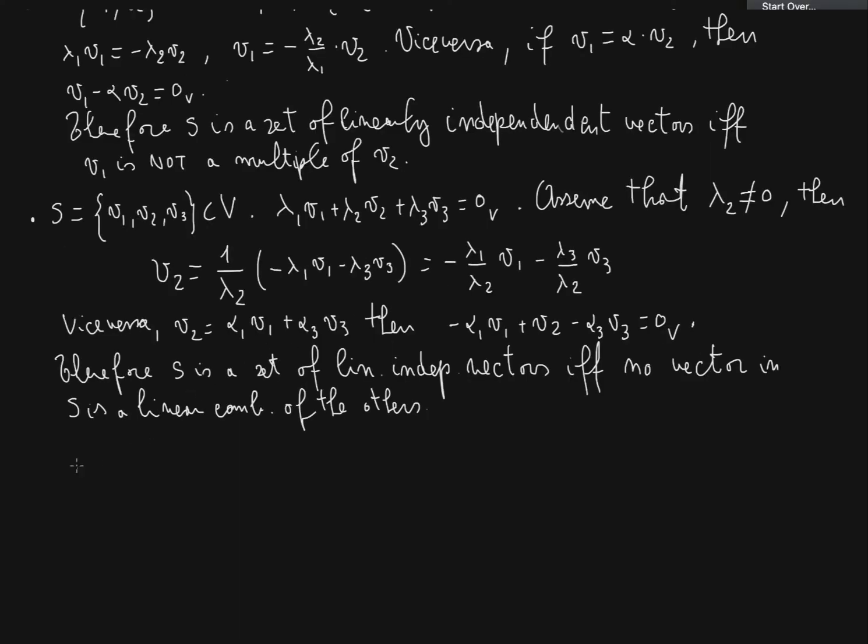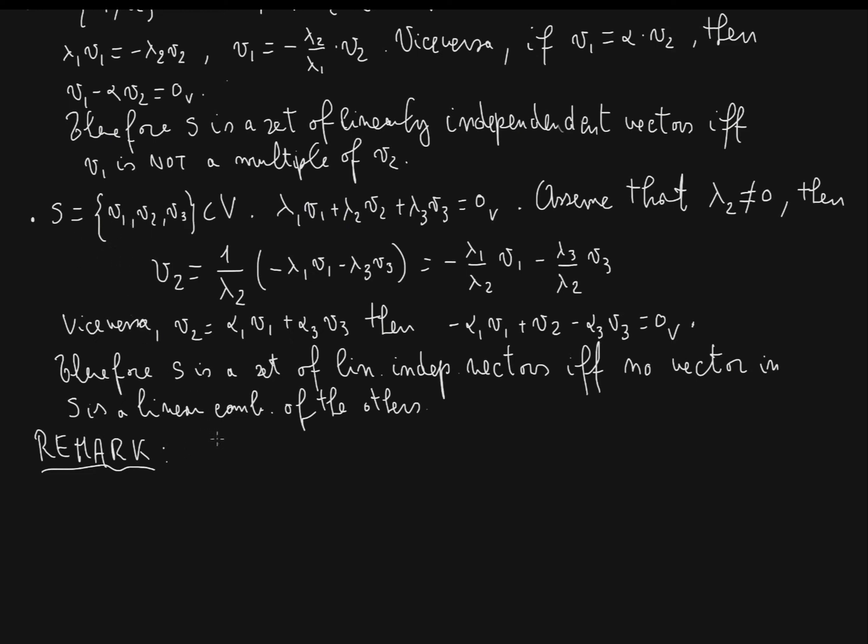One very important remark is the following. If one of the vectors in the set S happens to be the zero vector, then automatically the vectors will be linearly dependent.